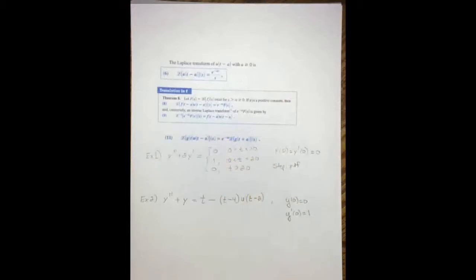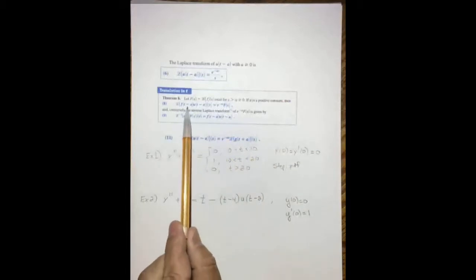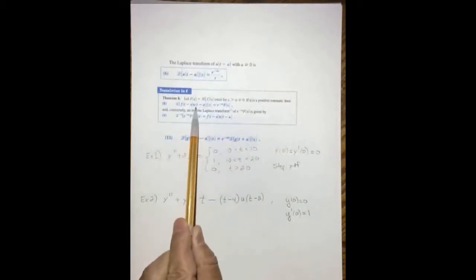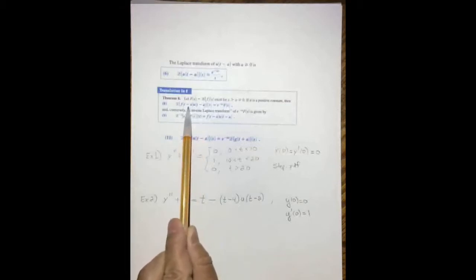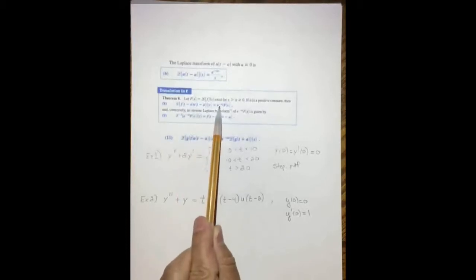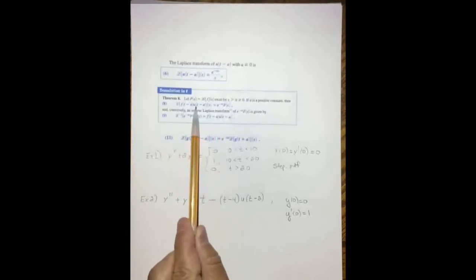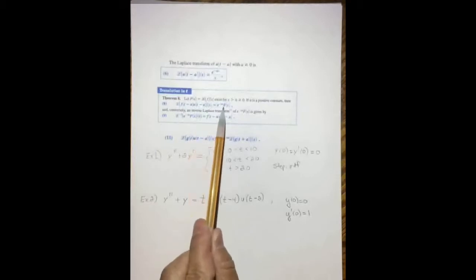Now, the Laplace transform of a stepped function when the arguments both agree is simply e to the minus as, that comes from the step function, times then the Laplace transform of f of t.